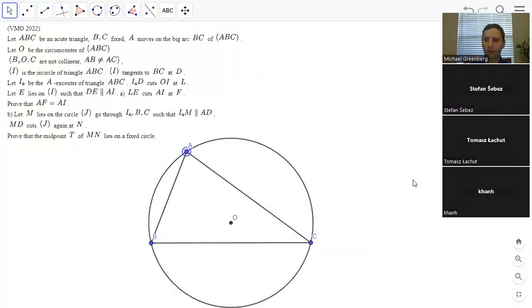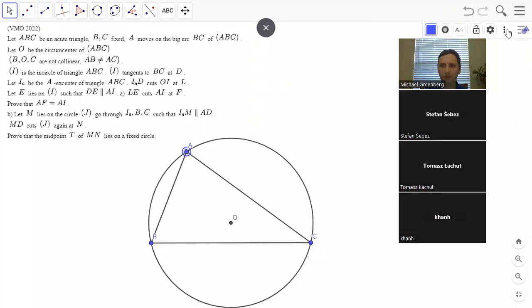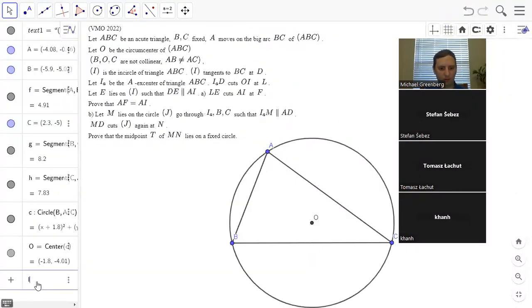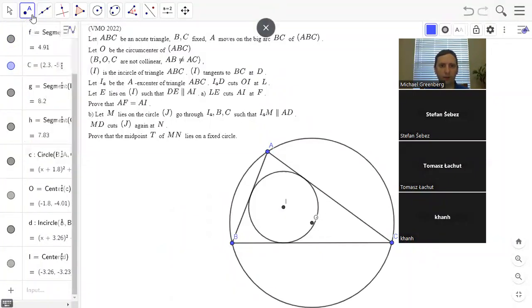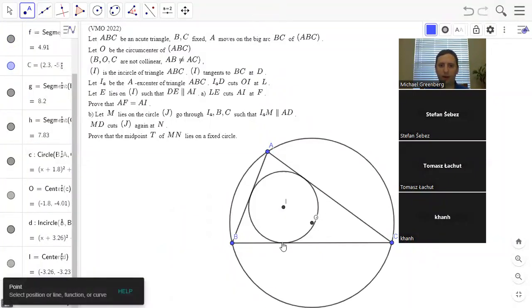I is the incenter, the incircle is tangent at D. And then we draw the excenter.